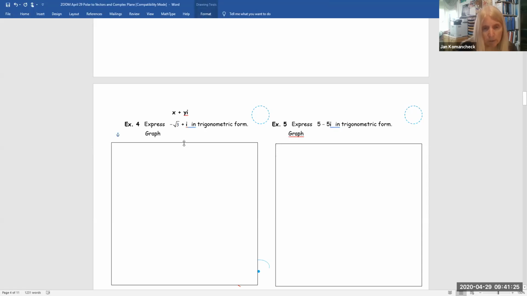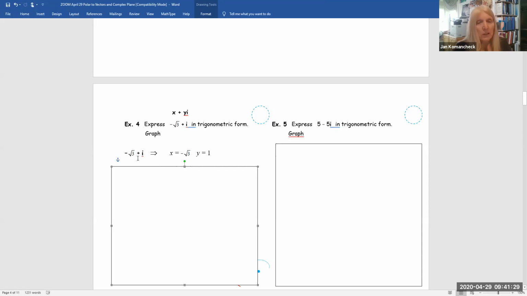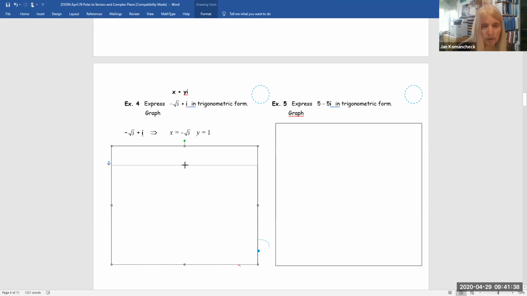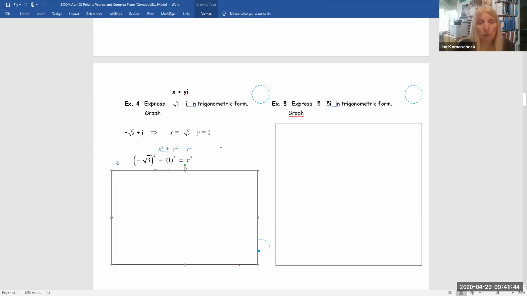So here we go. Number 1. Did you know that x was the negative radical 3 and y was 1? Of course. Next, the reveal. One of the first things I do is take x squared plus y squared and set it equal to r squared.